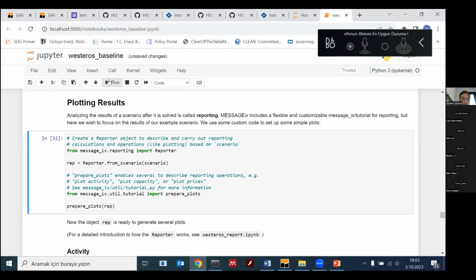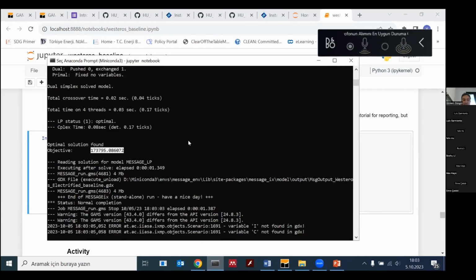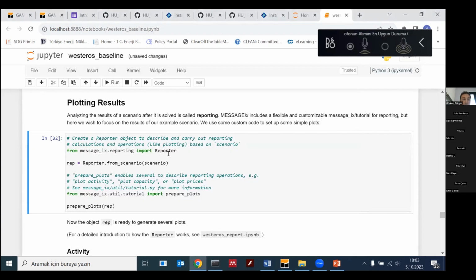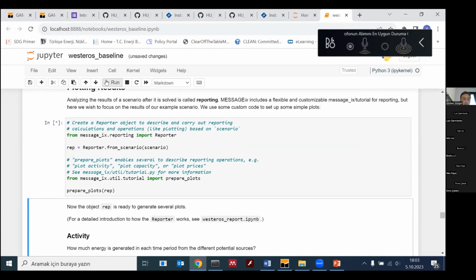Now, looking at the results, you can look at the results both from GAMS, because there's a GDX file in GAMS, but the simple way is to use the reporter, which is an accompanying package together with MessageIX. First, we have to import the reporter package.